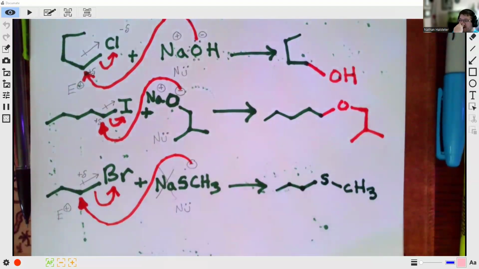Sorry, I didn't change colors there, but I think you get the idea. Hopefully this makes sense to you. There are a ton, I mean a ton, of practice problems for this type of stuff.